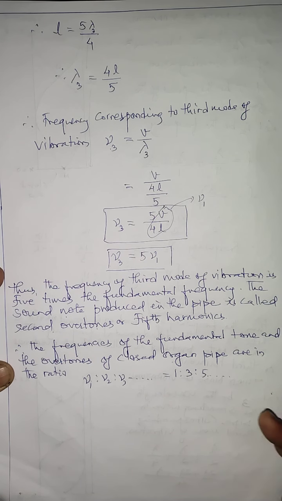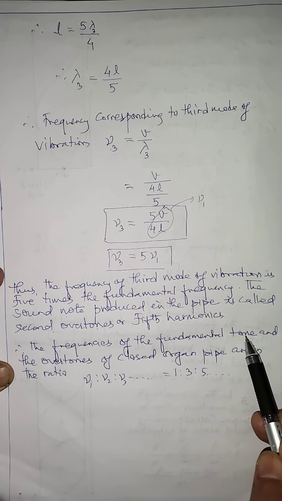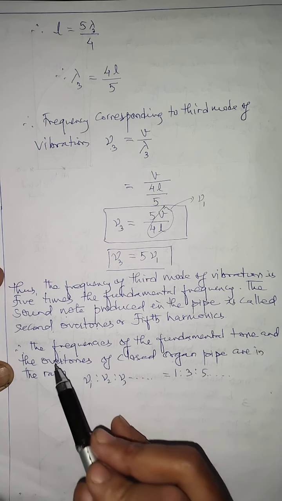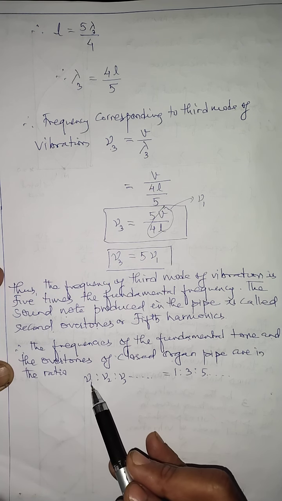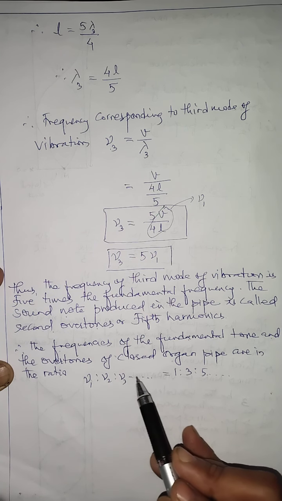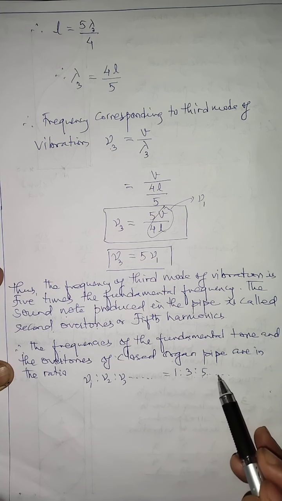So children, we can now make a conclusion after observing the mode of vibration of closed organ pipe. The conclusion is that the frequencies of the fundamental tone, that is the first harmonic, and the overtones of closed organ pipes are in the ratio nu 1 : nu 2 : nu 3 and so on, equals 1 : 3 : 5 and so on.